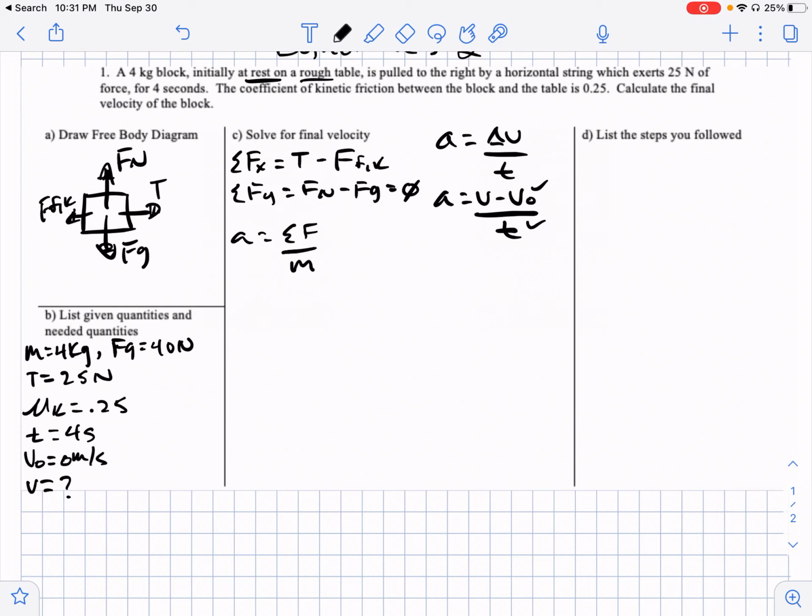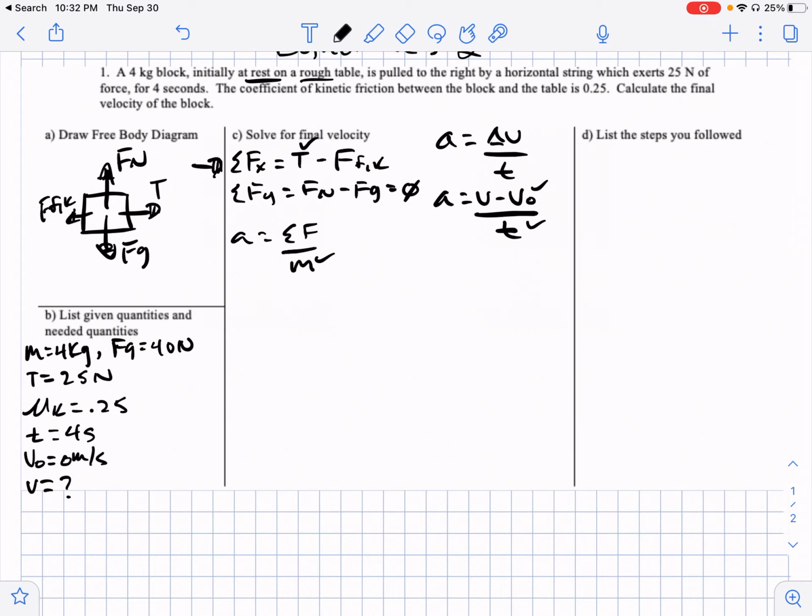Now I know the mass, but I don't know my net force. So I'm going to have to use my net force equation up here to solve for the net force. And looking at my net force equation, the problem gave me tension, but the problem did not give me my friction. So we got to find our friction, our kinetic friction.